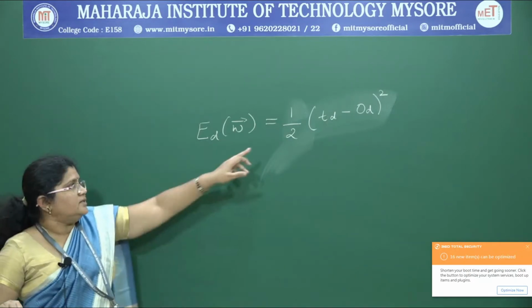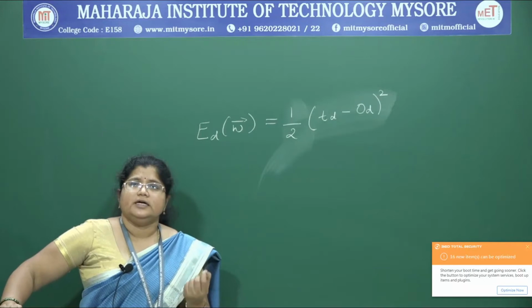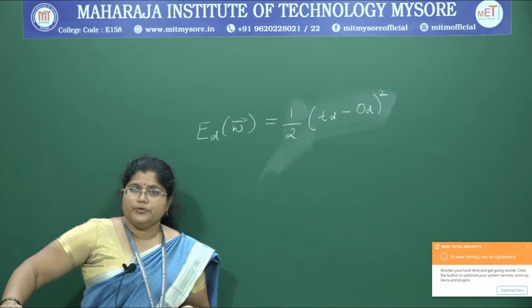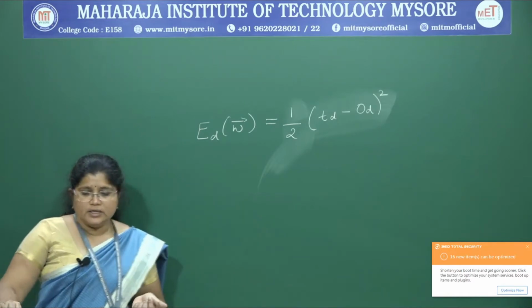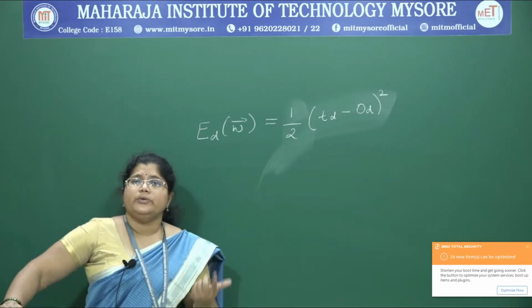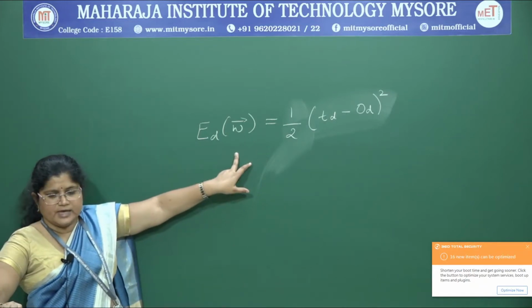As I said in the previous class, t_D is the target value of the output unit, whereas o_D is the output value obtained for a particular training example D.